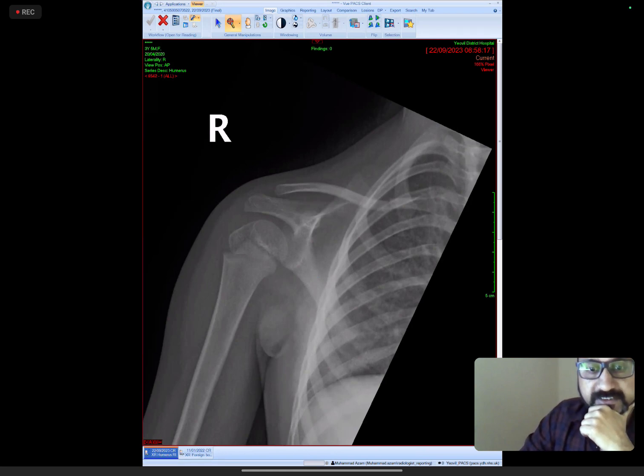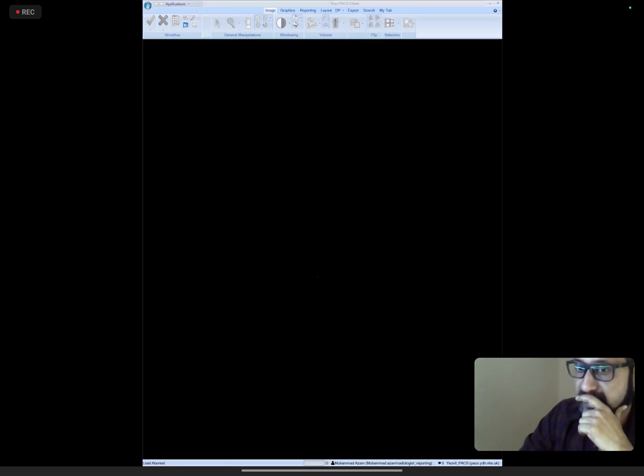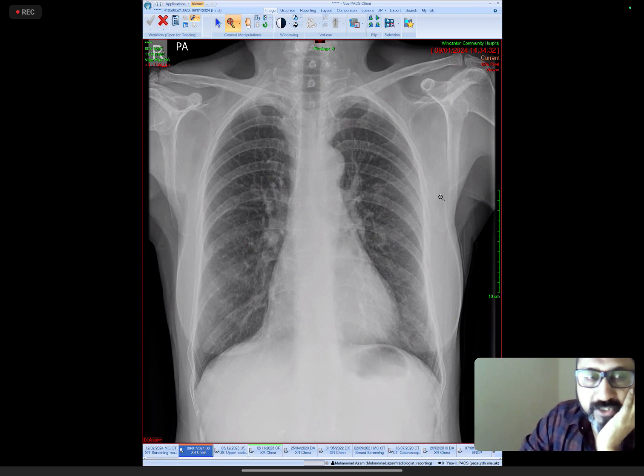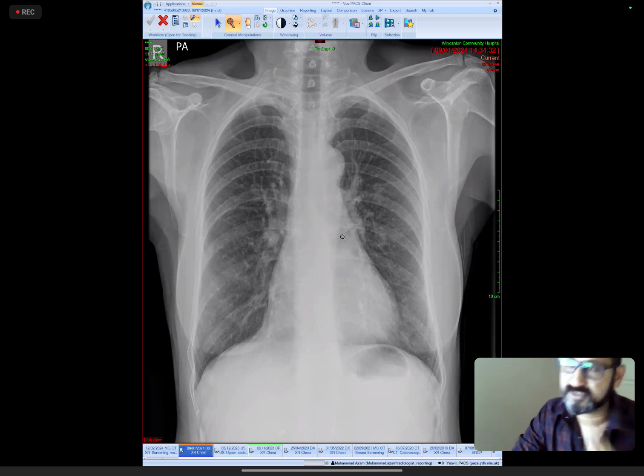Other cases which are more tricky, in which I have given you the normal cases, are more tricky. I could see many people tried to make something. Please don't try to make anything out of it. Absolutely normal. That is most difficult in rapid reporting because you don't see ambiguous cases in which you are saying coarctation, someone not saying, you are saying left lower lobe collapse, another radiologist saying no, I don't agree.